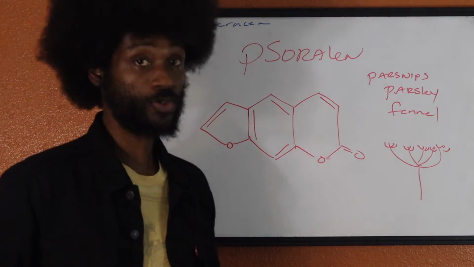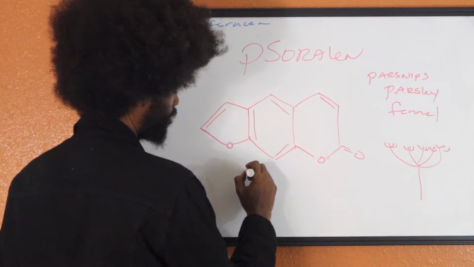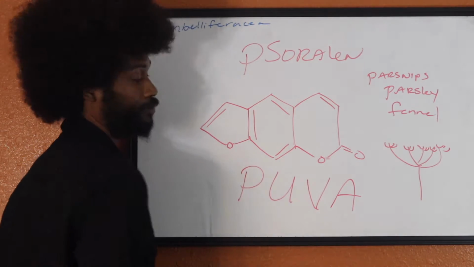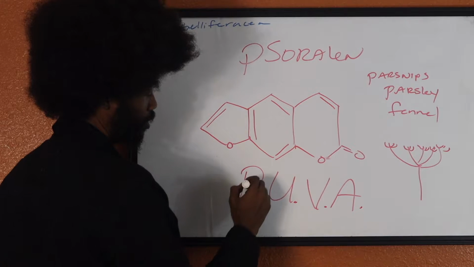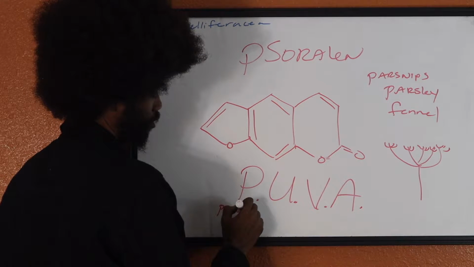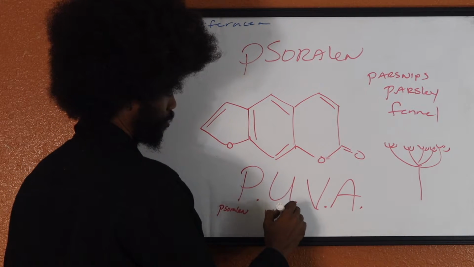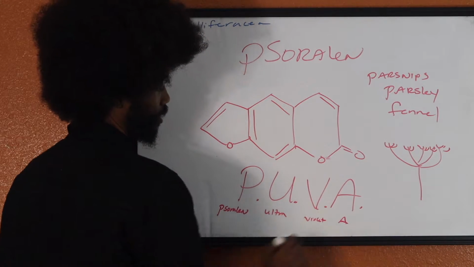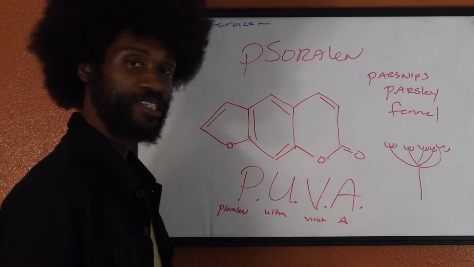Psoralen is very, very interesting. It's in this category of science, PUVA, which is psoralen plus ultraviolet A. So you know UVA, UVB, UVC.